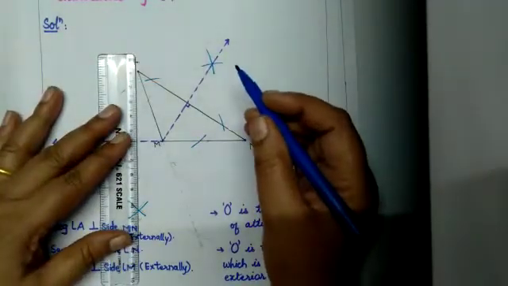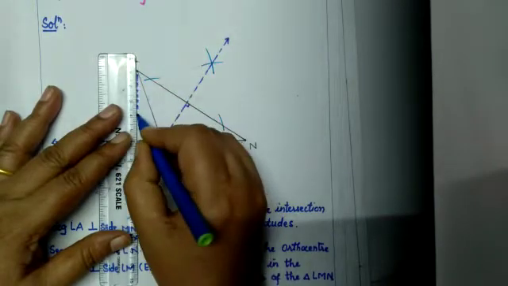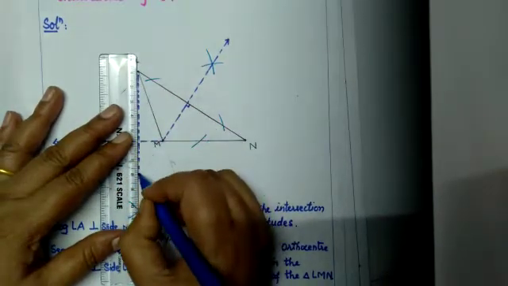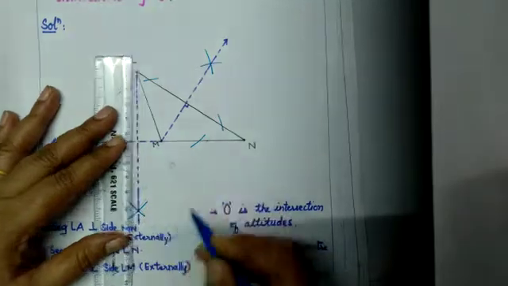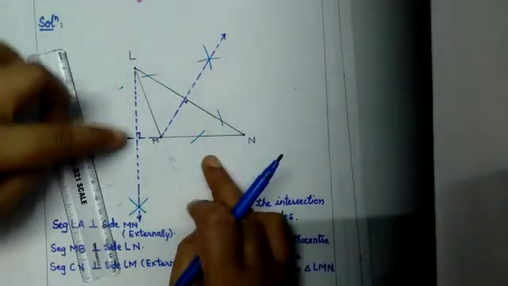In this way we have drawn one more altitude towards MN. So again we will draw a dotted line towards MN. So which is a perpendicular now? This side is perpendicular to MN.